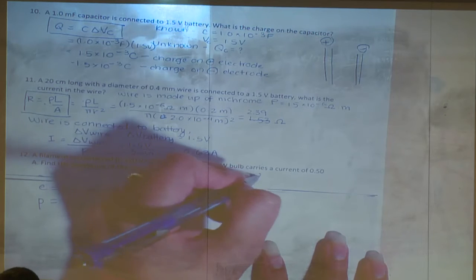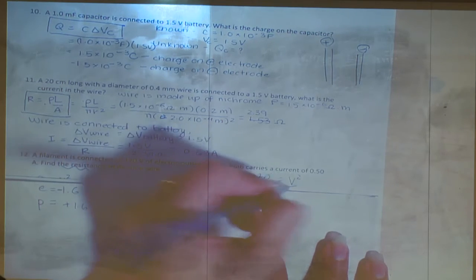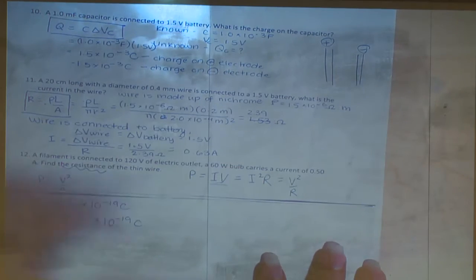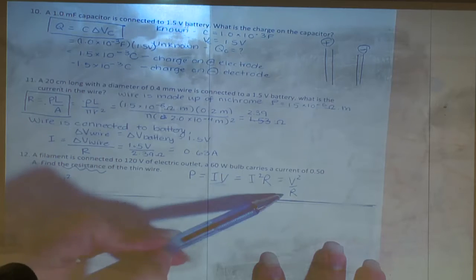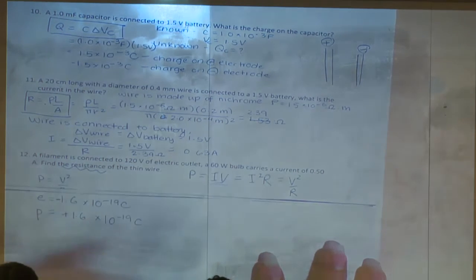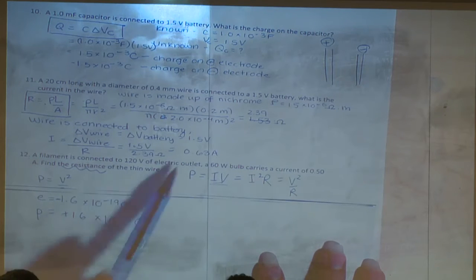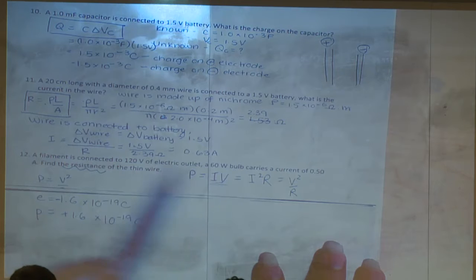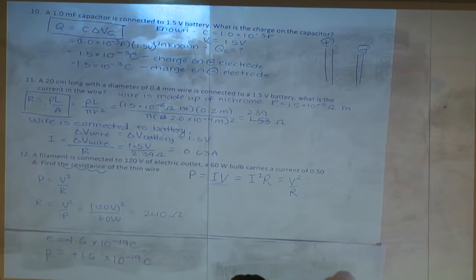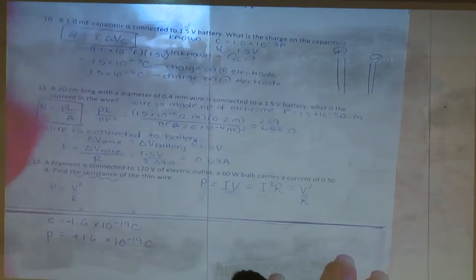One has the current and resistance, and the other one is V squared over R. So you can use either of these formulas because you're given the voltage and the current. It's just plugging into the formula because everything is in the right units. Therefore, just plug it in, and you should get 240 ohms as your answer. Okay.